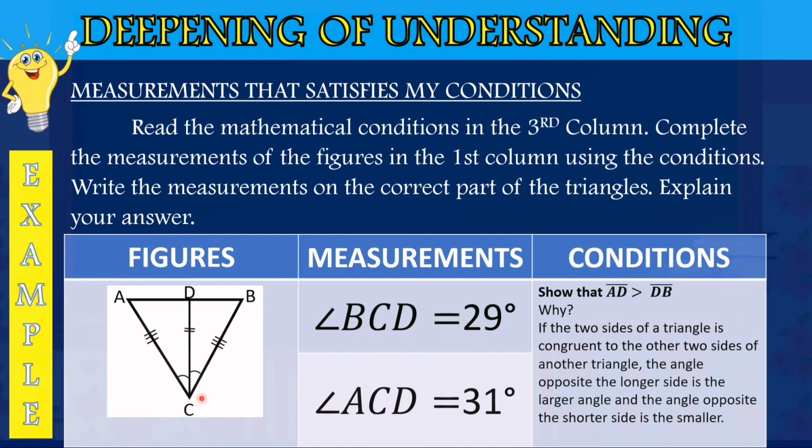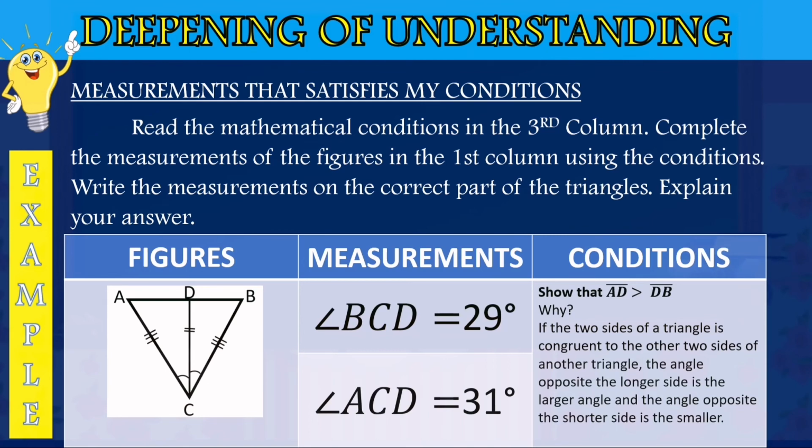So angle BCD measures 29 degrees and ACD measures 31 degrees. So if the two sides of a triangle are congruent to the other two sides of another triangle, the angle opposite the longer side is the larger angle, and the angle opposite the shorter side is the smaller angle. So that's perfect.